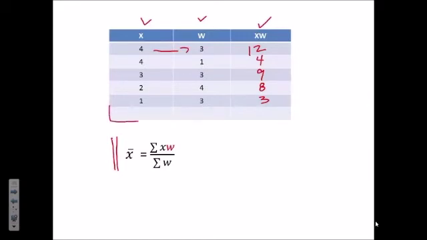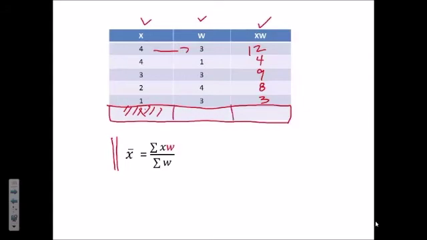Now remember, we don't sum the X column here. We would sum the W's, and that's going to give us 14. And we'll sum the XW's, that gives 36. Think of frequencies and XFs.